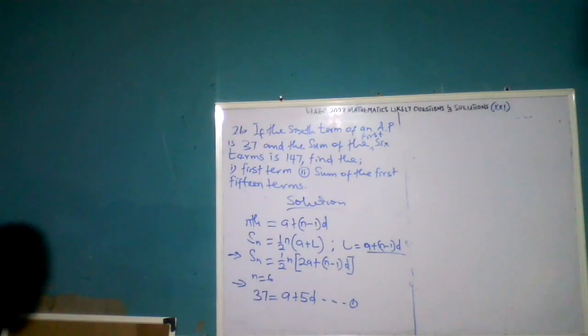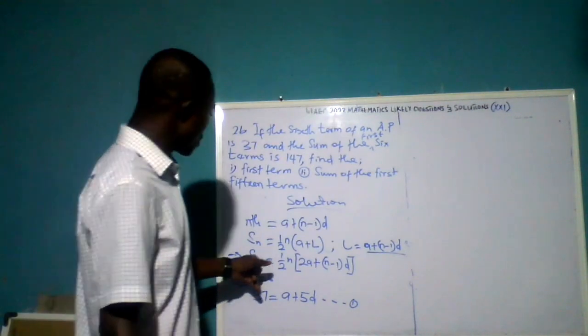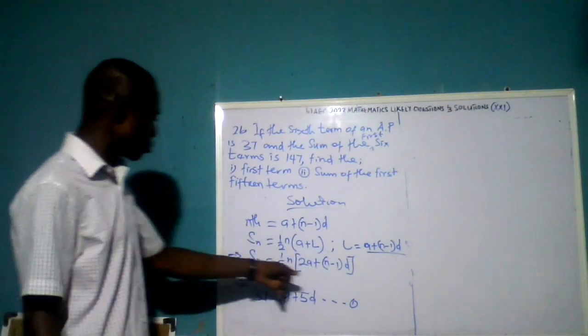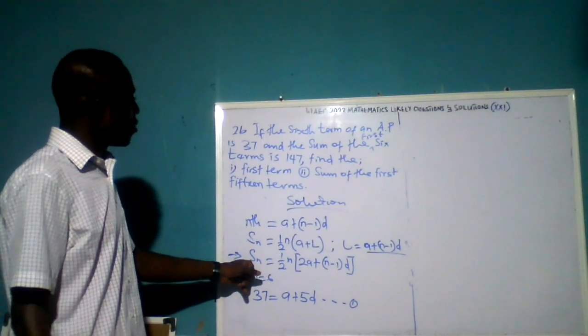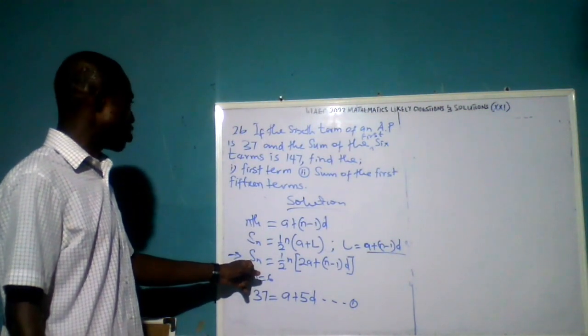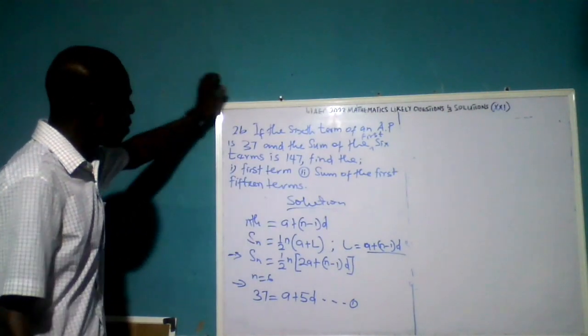Now the next thing to do is to insert all the values that have to do with the sum. We are told that the sum of the first 6 terms of the arithmetic progression is 147.